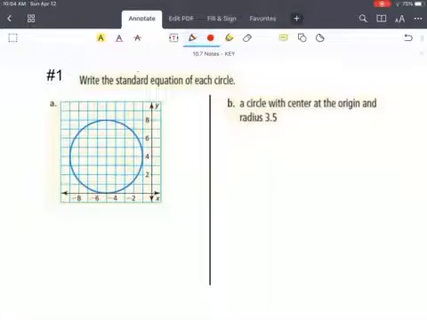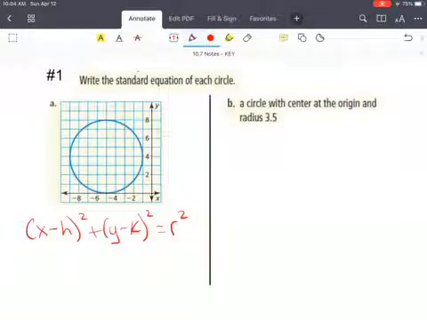So first off, number 1a, if we're remembering the formula first, then we're just going to substitute in. First off, we need to find the center of the circle. If I look at the point that is directly in the center of the circle, that point right there, first identify that point as negative 5, comma 4.